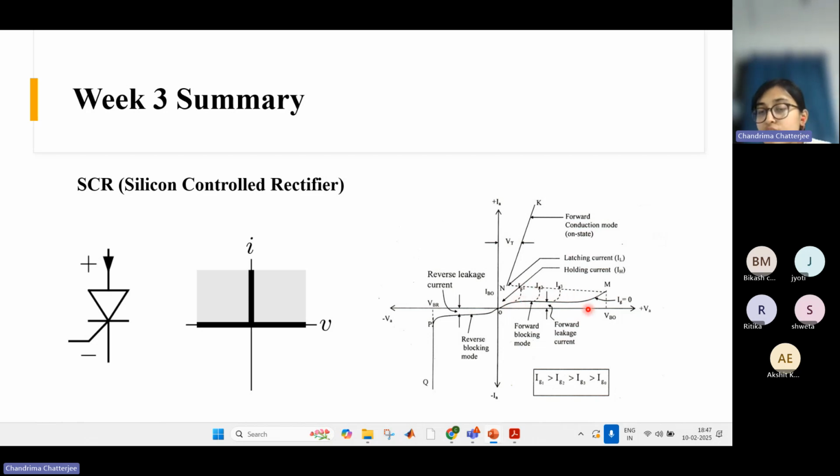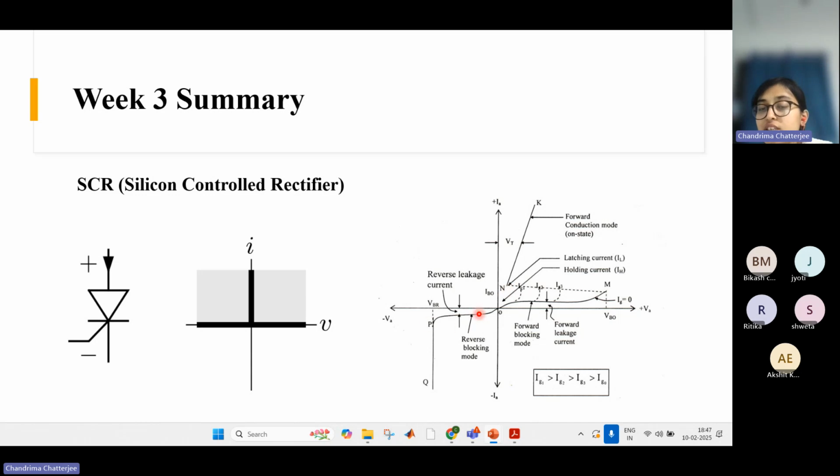The more the gate current, so Ig1 is the highest, the characteristics will be like this. For Ig2 it will be like this, for Ig3 it will be more, and then like this. Based on the gate current, the characteristics will change here, and then the current will rise like this.